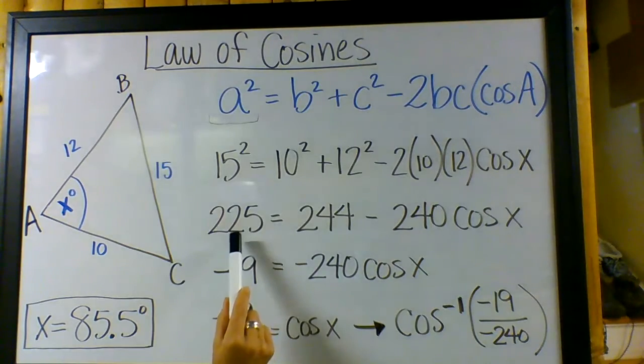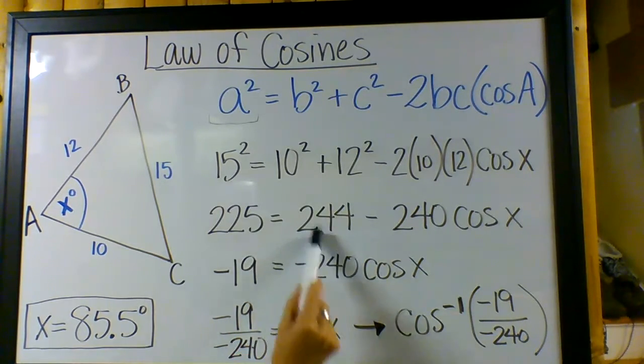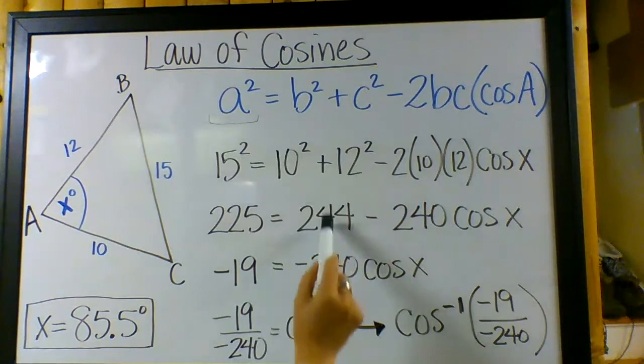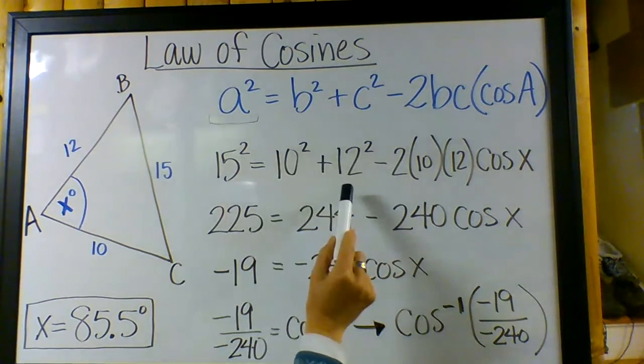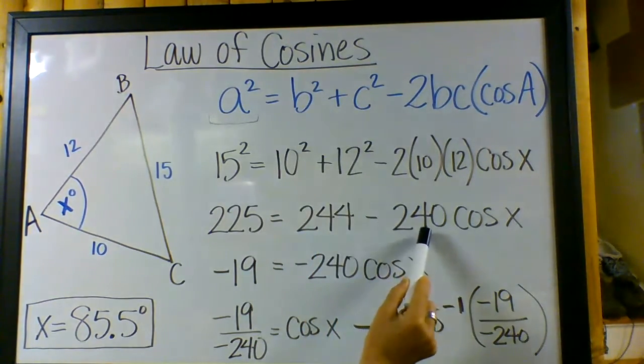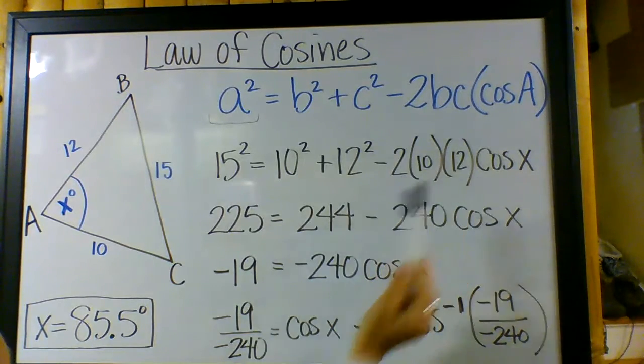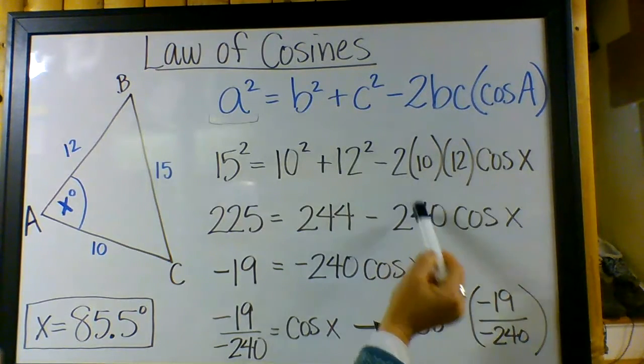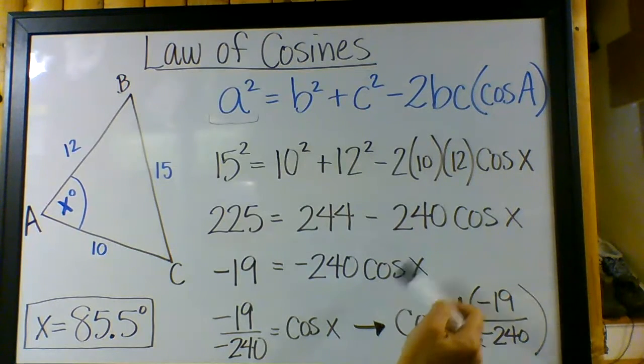So 225 equals 244. I just multiplied these out and added them together: 100 plus 144 minus 240, which is 2 times 10 times 12. 10 times 12 is 120, times 2 is 240, times the cosine of x.